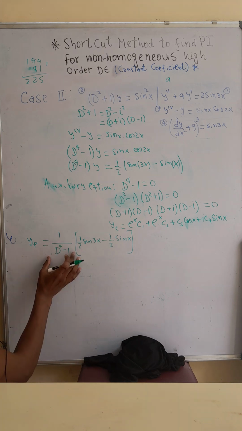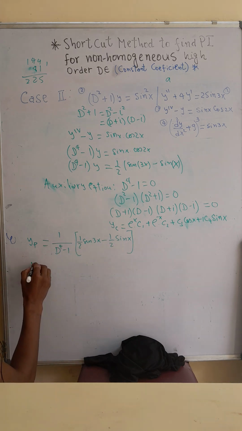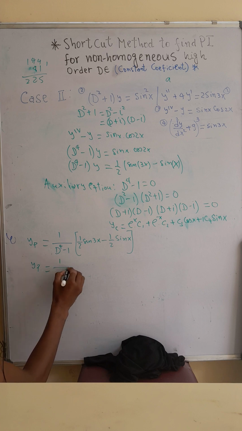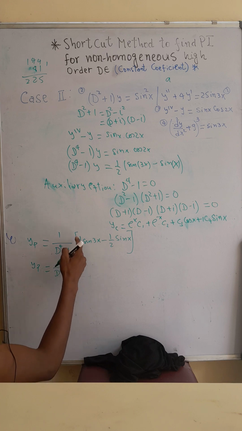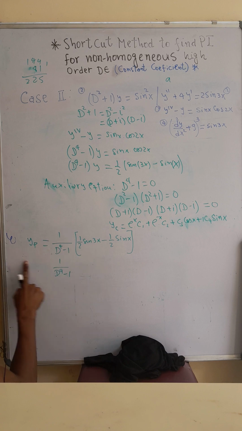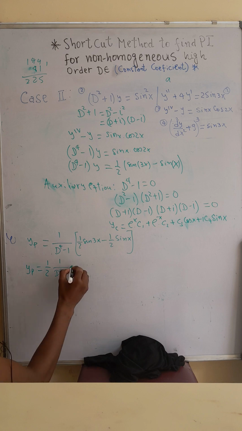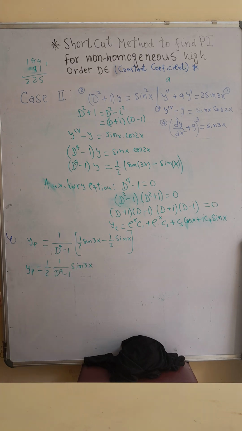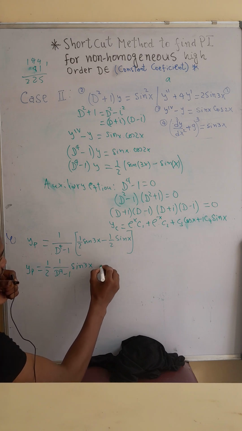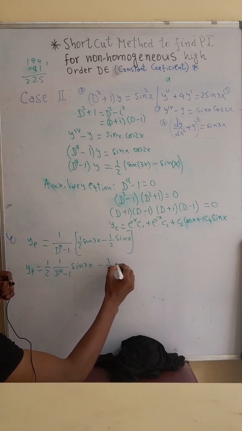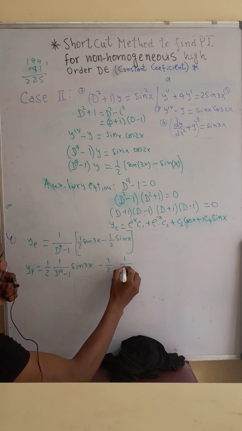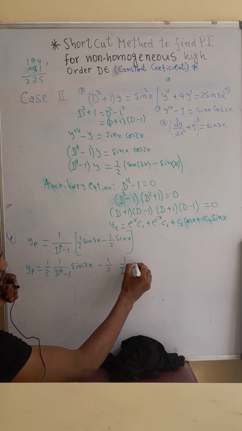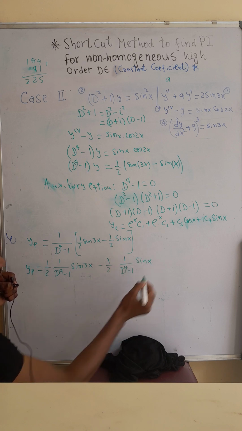Then just do this time this and this time that. So yp will be 1 upon d raised to 4 minus 1, with this 1 by 2 a constant. Then we just keep here sine of 3x. And here also 1 by 2 is a constant, 1 upon d raised to 4 minus 1 times sine of x.